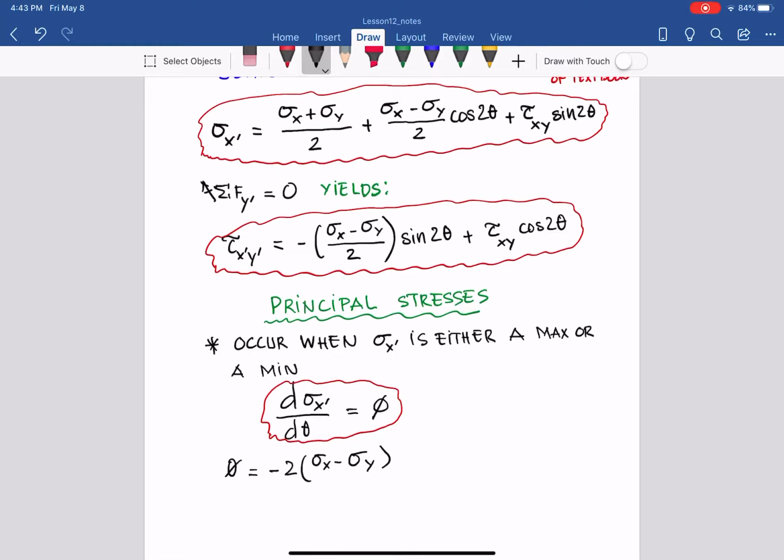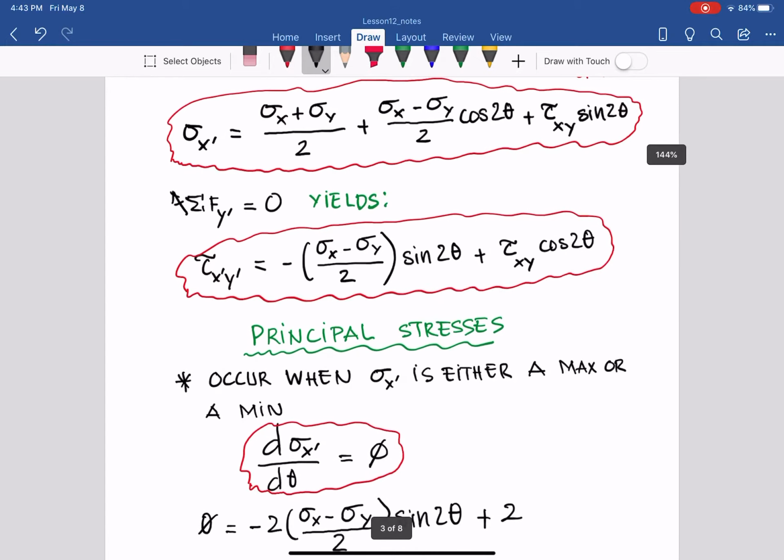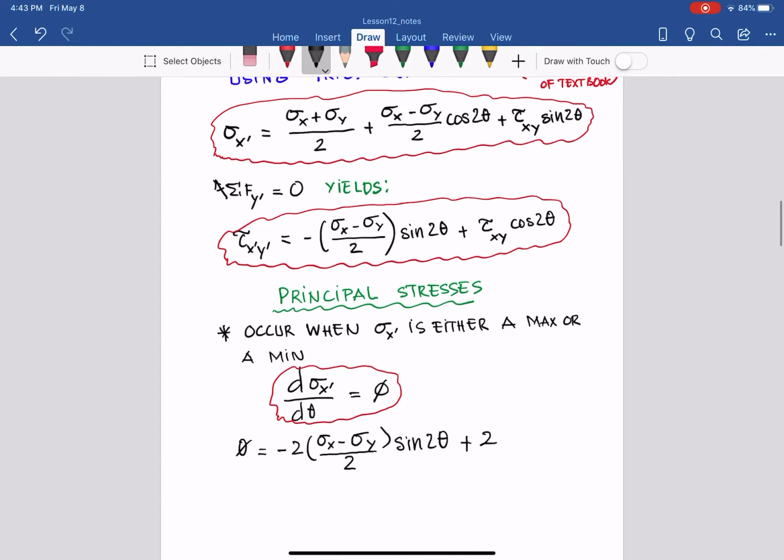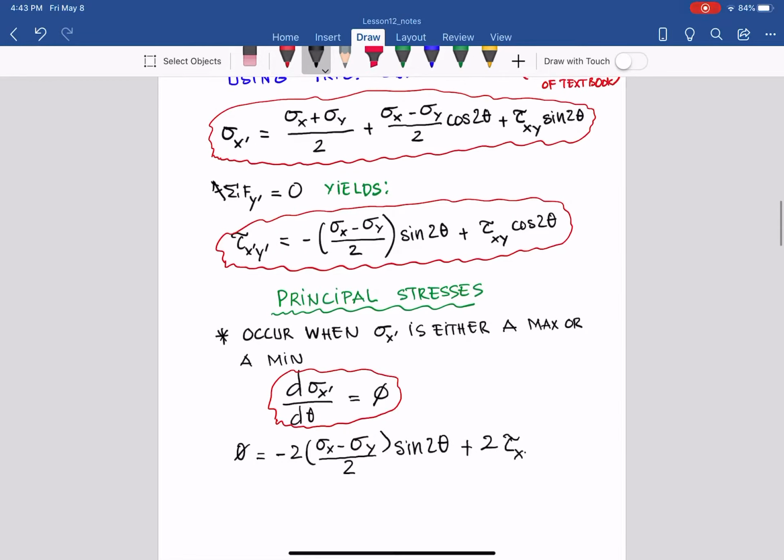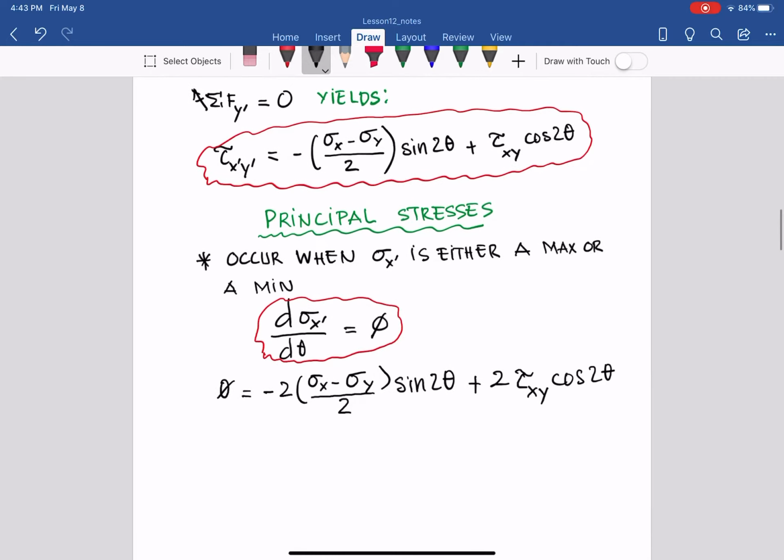Because nothing depends on theta in the first component. Cosine becomes negative sine 2 theta, and then for tau xy sine 2 theta, it will be 2 tau xy cosine 2 theta, and it equals 0.